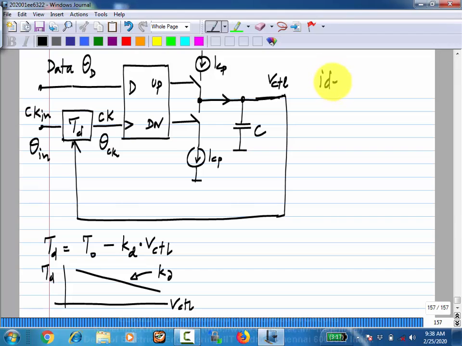For now, assume data to be an alternating, periodic 1010 signal.